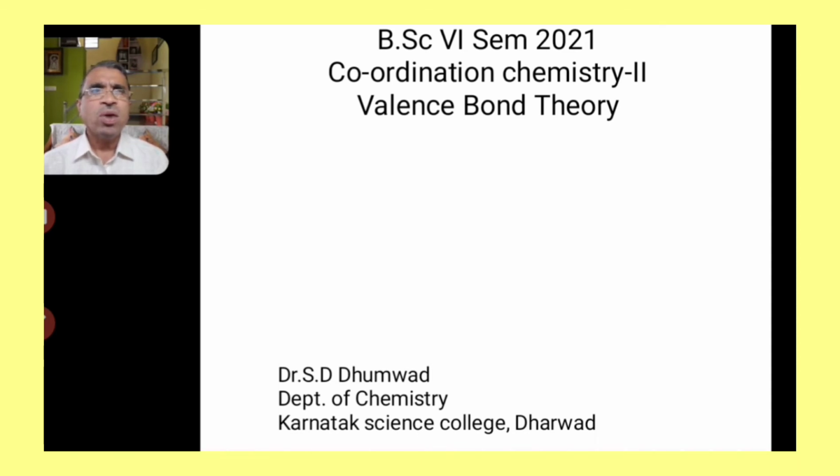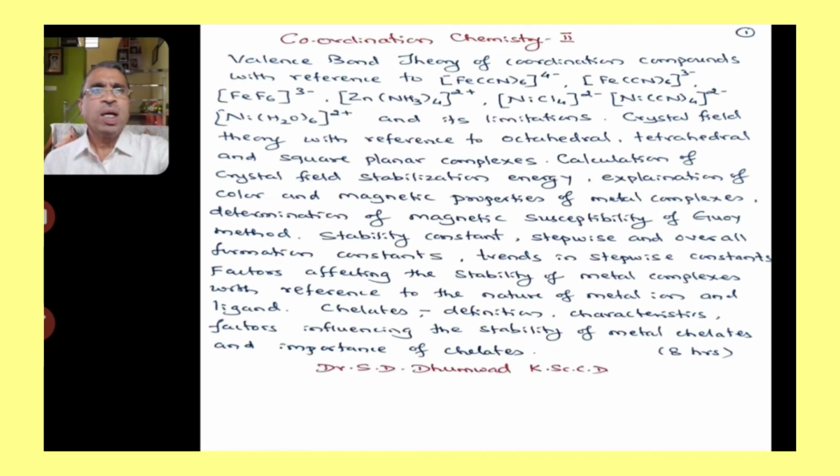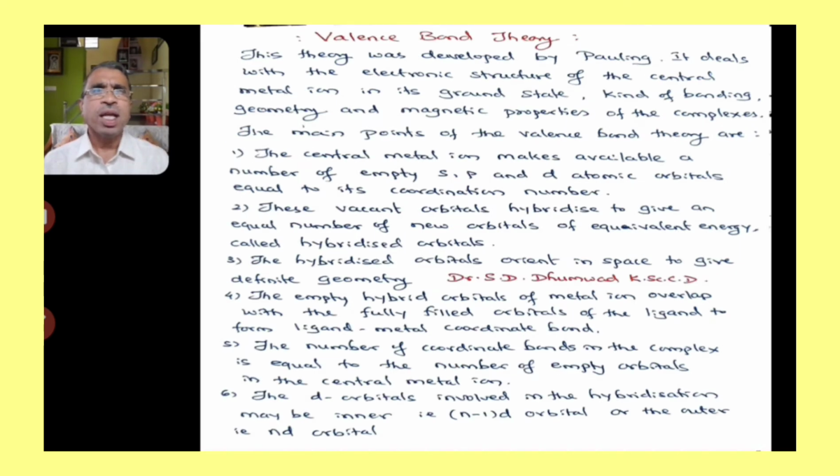And today you are going to study the valence bond theory. Further theories are crystal field theory, ligand field theory, and molecular orbital theory. Among these, let us study the valence bond theory.